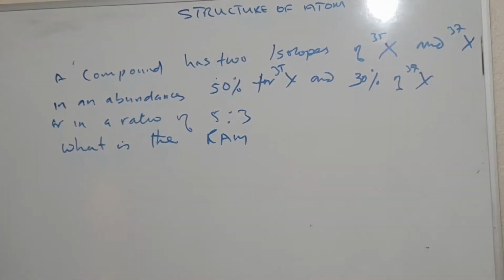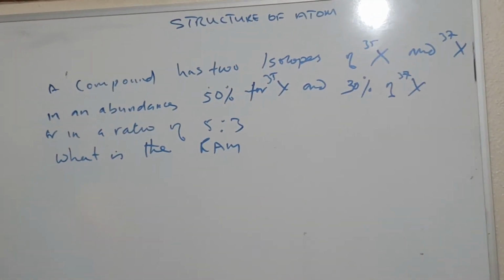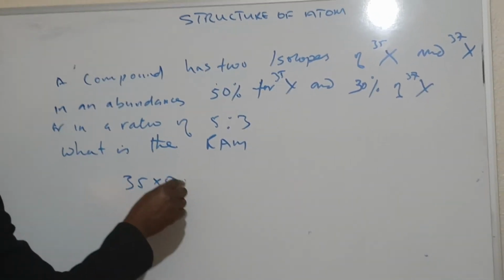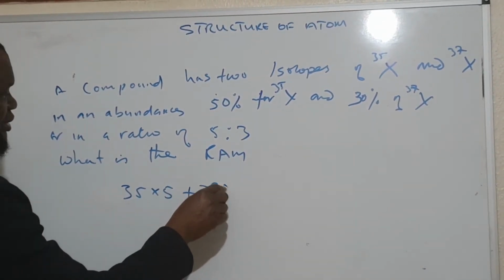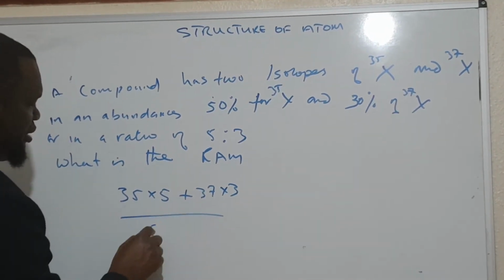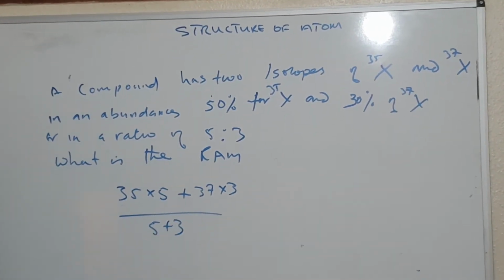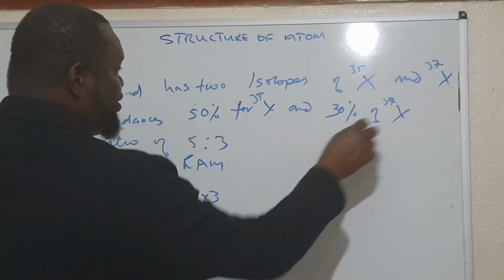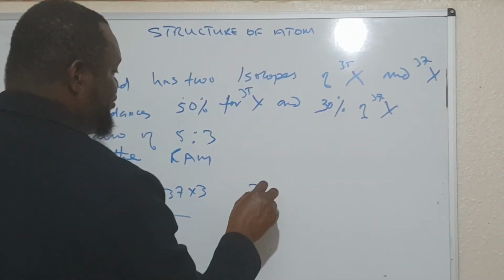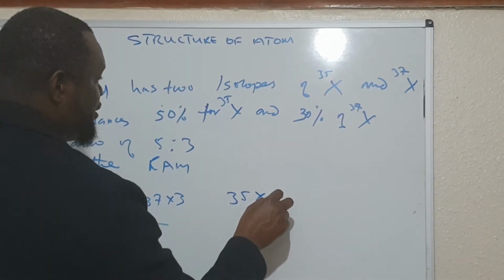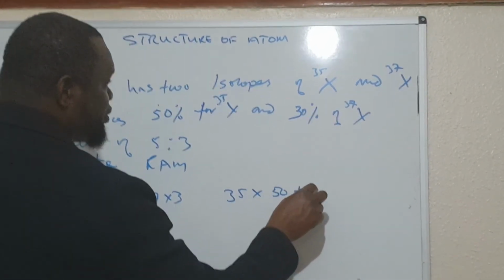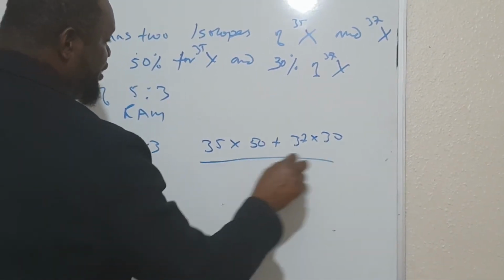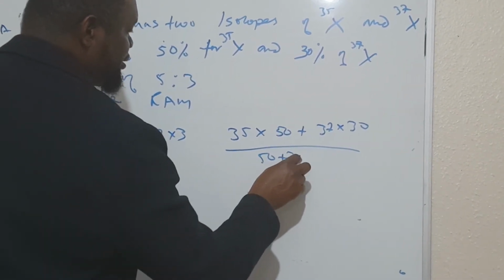Okay, we multiply it by its ratio. 35 times 5 plus 37 times 3 all over 5 plus 3. If we use the abundance, it will be 35 times 50 plus 37 times 30 over 50 plus 30.